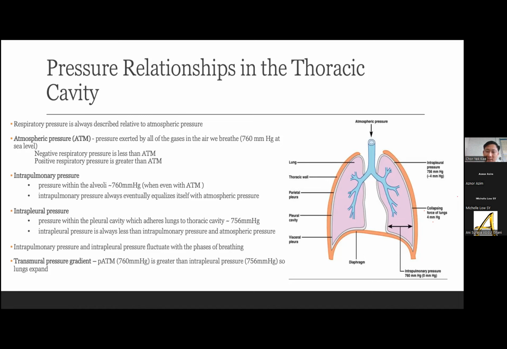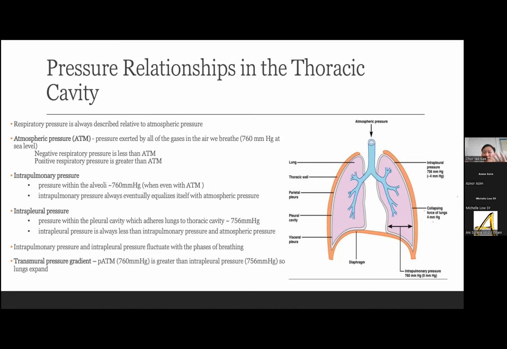Out of this 760, the oxygen is 21%, correct? So 21% of 760 is about 150-something, as you mentioned. So what will be the oxygen partial pressure when you reach down to your alveoli? Would it be 150? I guess it's not the whole 21% that we receive.